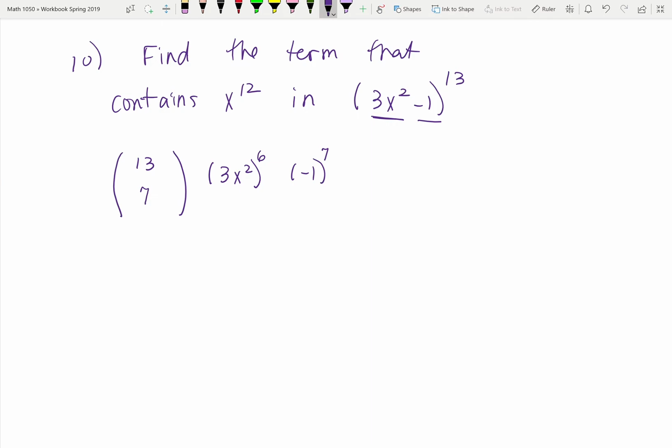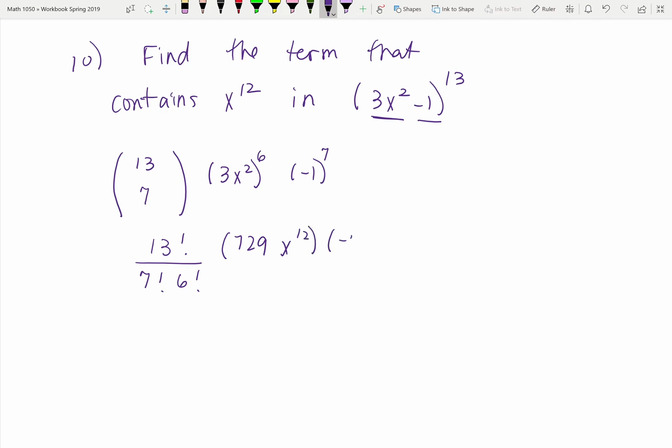Now let's find it. To find this right here, you're going to go 13 factorial divided by 7 factorial times 13 minus 7, which is 6 factorial. And then right here, the 3 needs to be raised to the 6th power, which is 729. And the x is to the 2 times 6, which is 12.